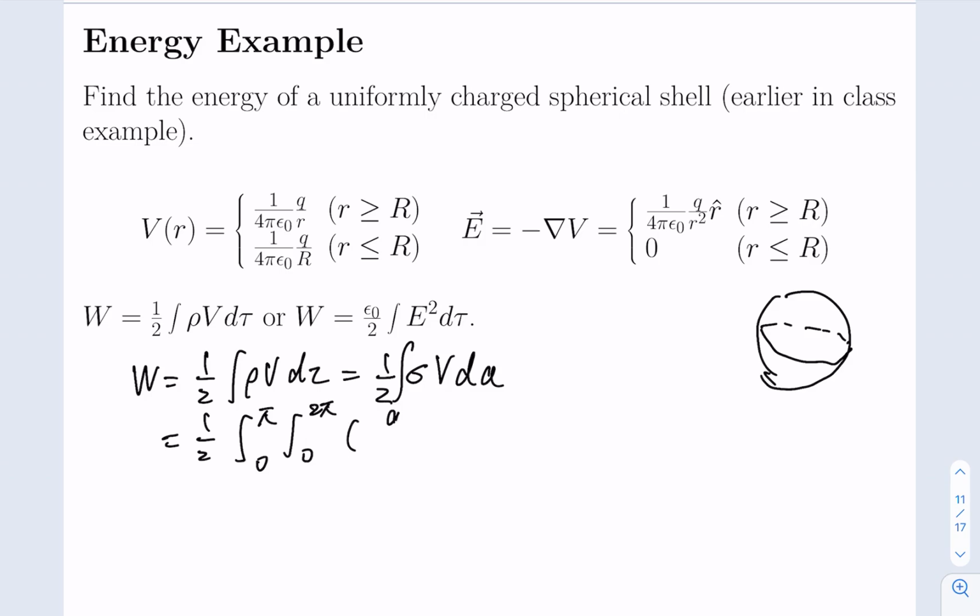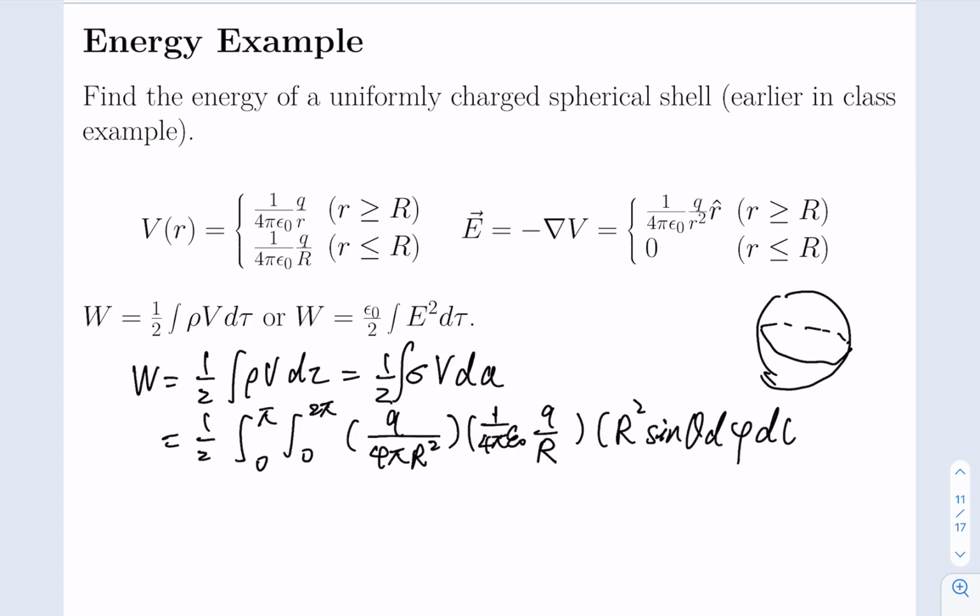The charge is simply q over 4 pi r squared, and the v is what's inside, and the volume element is r squared sine theta d phi d theta. And if you do this integration, it gives you q squared over 8 pi epsilon naught r.